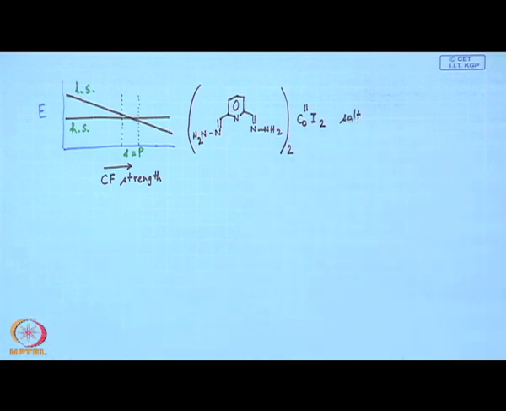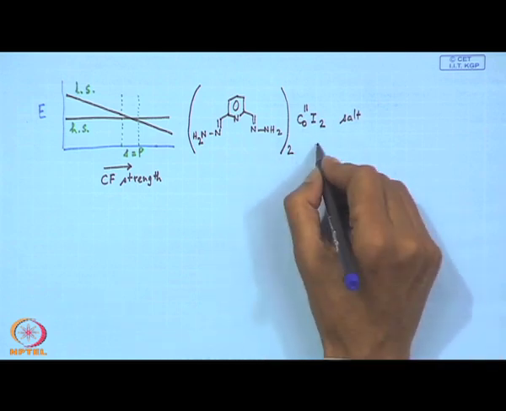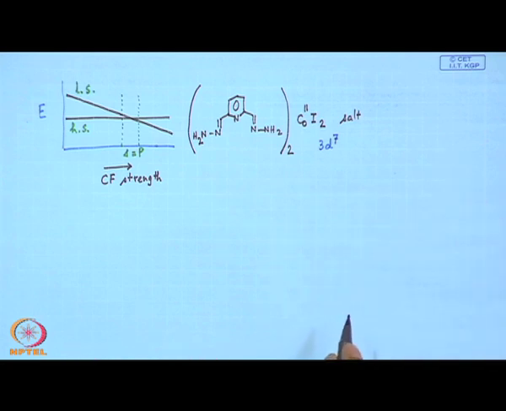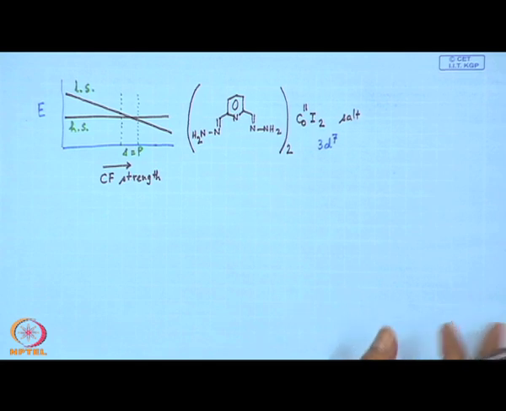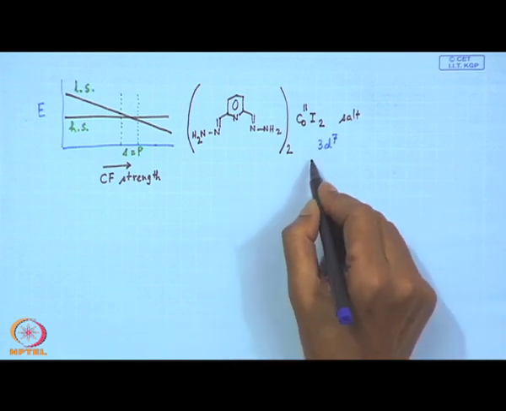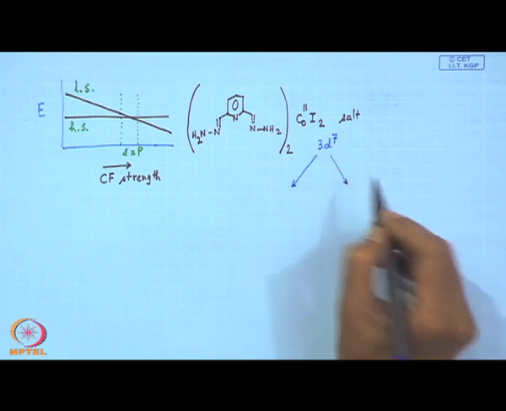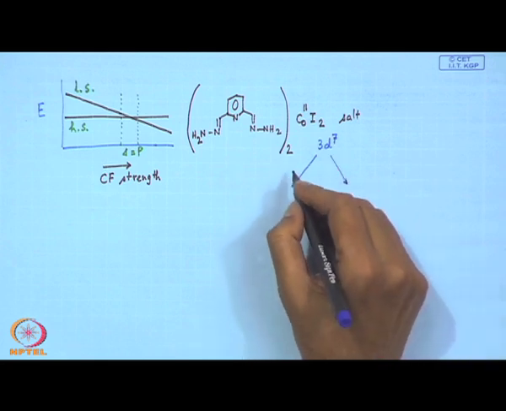This one has a 3d7 electronic configuration, and as we all know, in this particular case also we can have two configurations, one is the low spin, another is the high spin.